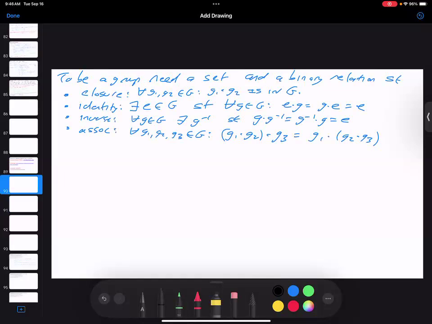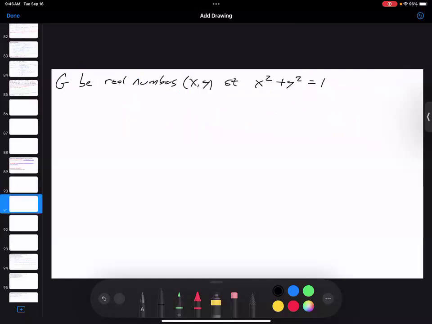How bad is my handwriting? For all g1 and g2. Nope, that's the second line. The first line, or the zeroth line if you're a computer scientist: to be a group, you need a set and a binary relation. Do you have enough information to answer, is G a group?